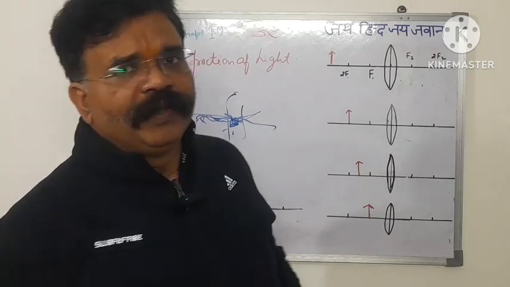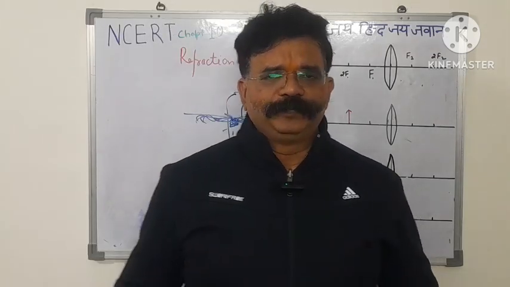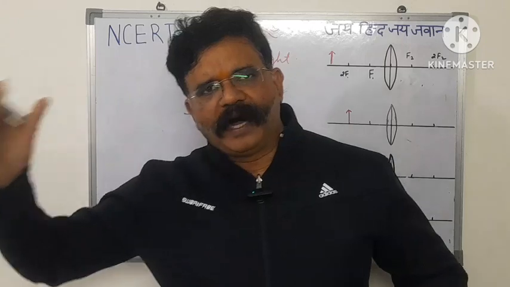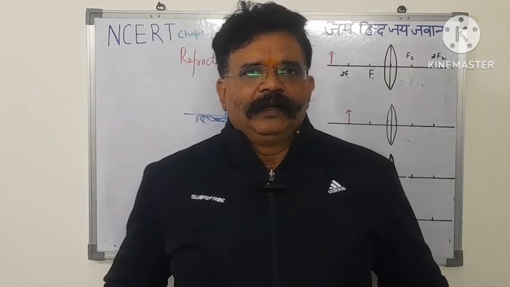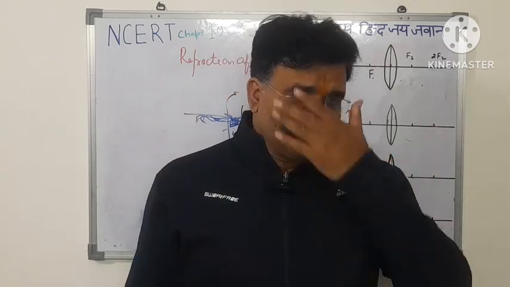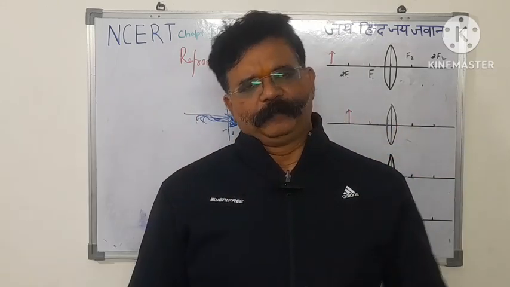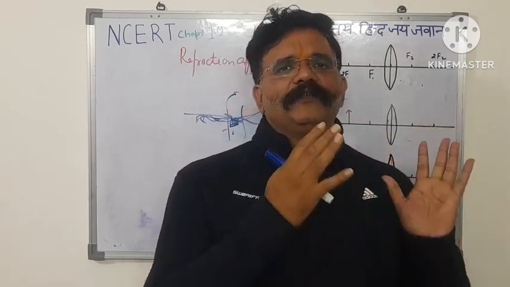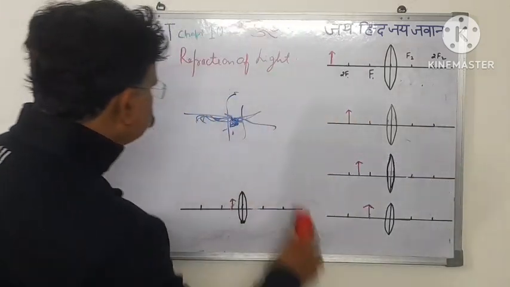In a nutshell, deviation from its path, disturbance from its path, moving away from its own path of the light rays is called refraction. So we will see this phenomenon in detail.